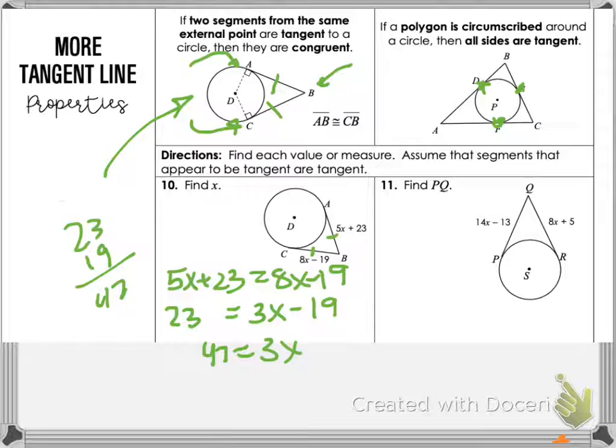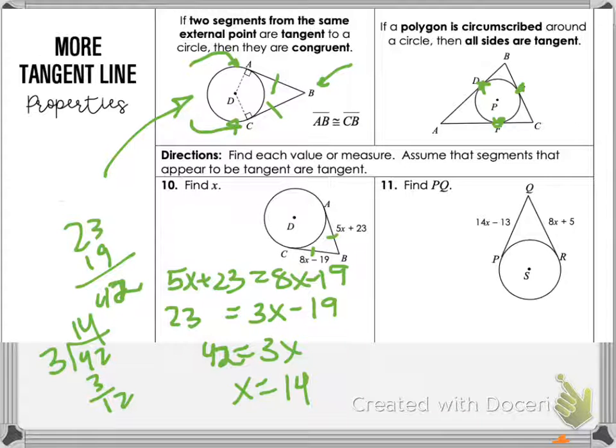Handwriting issue. 19 plus 23, that's 42, not 47. So 42 divided by 3 goes in 14 times. So x is 14.